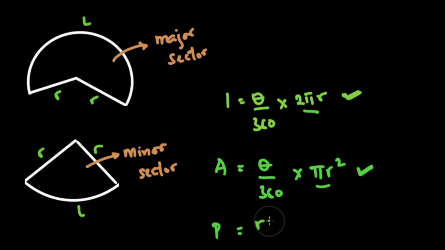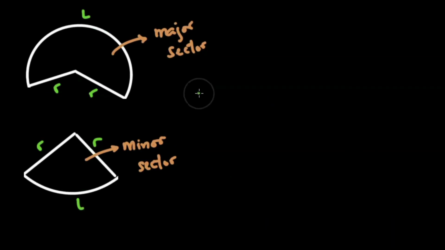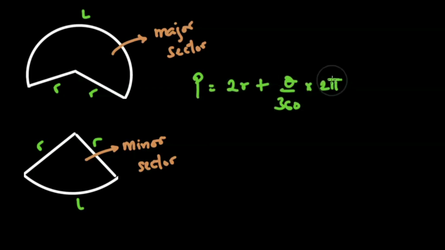So the perimeter is simply r plus r plus L, which is 2r plus L, where L is the length of the arc. So we can conclude that the perimeter of a sector is equal to 2r plus theta over 360 times 2 pi r.